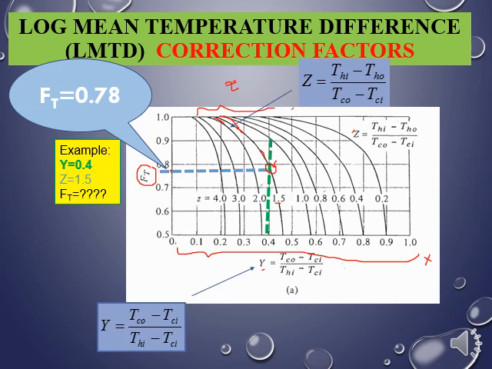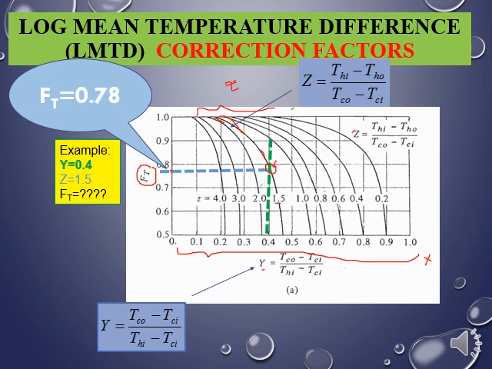I repeat again. You have to know first what your Y is, which in this case is 0.4. So you draw a line in the vertical direction along your 0.4 value. Then you find the Z line, which is the line that bends a bit here, and in this case is 1.5.